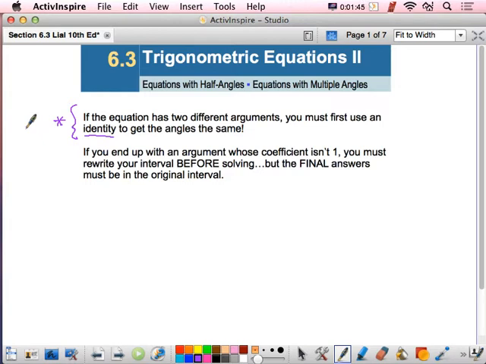Okay, so let's make a list of steps for these. The first step is to make sure the angles are the same, so we'll get all angles the same. Then regardless of what your angle is, theta, 2 theta, half x, doesn't matter, isolate the trig function.